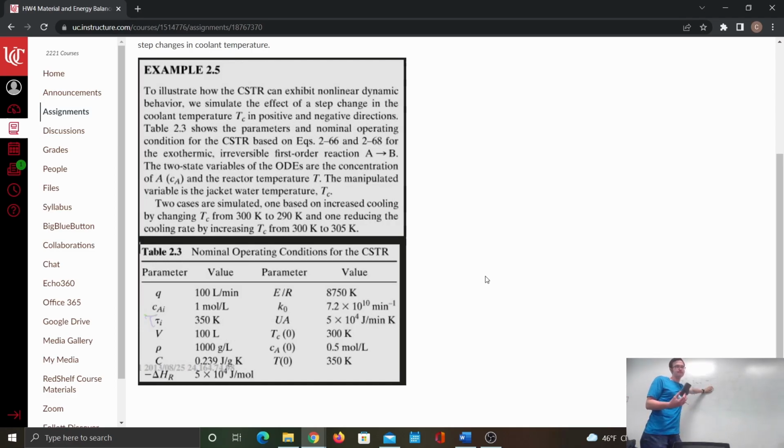We'll use that later for k, which is the rate constant. And then we have k naught. We have a variable UA, which when combined with some temperatures gives us the heat transfer from the reactor to the coolant. We already have our Tc, and then we have our general temperature. So that's all the variables that we need, and now we can start writing out what we need.